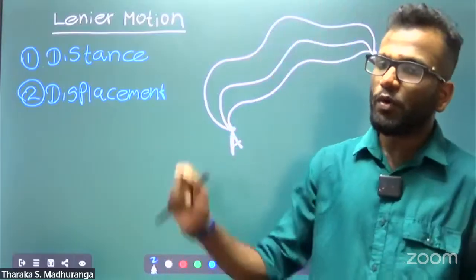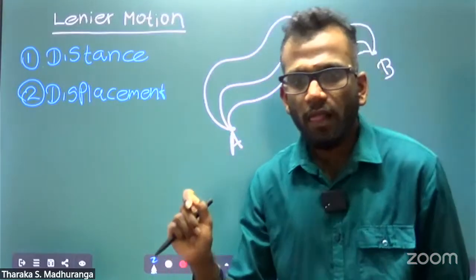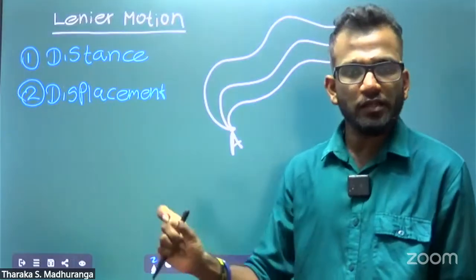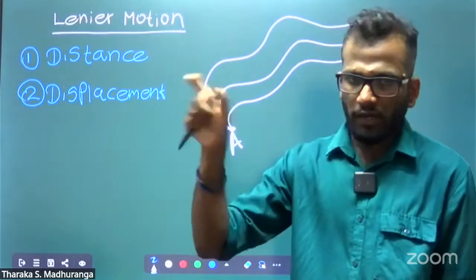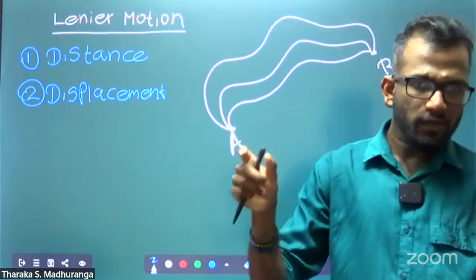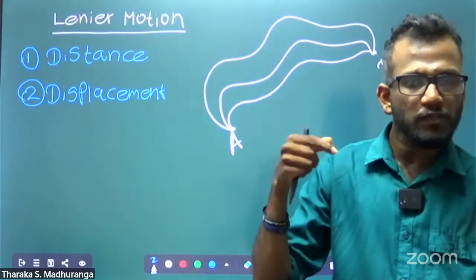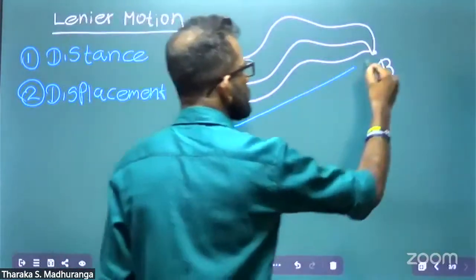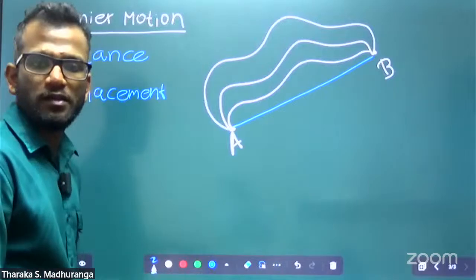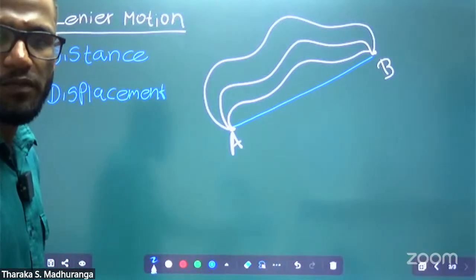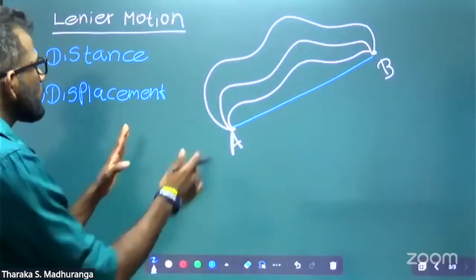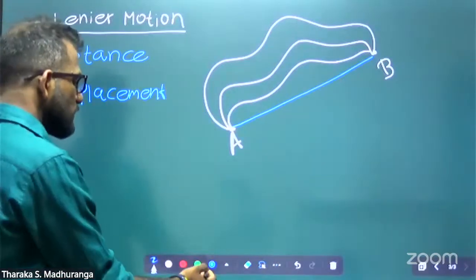Very good. The shortest distance, the distance moved in a specific direction. Yes, Fatima, you're correct. But the correct definition is the shortest distance between any 2 points, like this. That we call displacement.